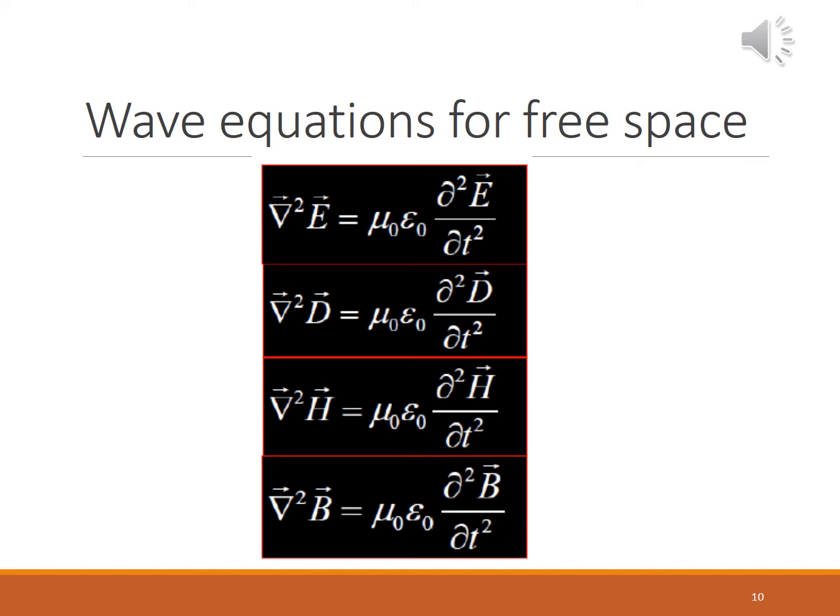In place of mu and epsilon, all you need to do is substitute mu 0 and epsilon 0, and the resulting equations correspond to the wave equations for free space. These four equations represent the wave equations derived from Maxwell's equations for free space.